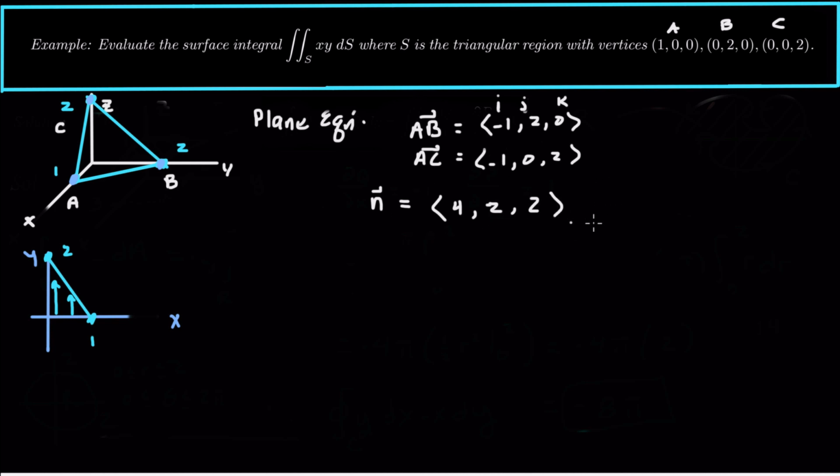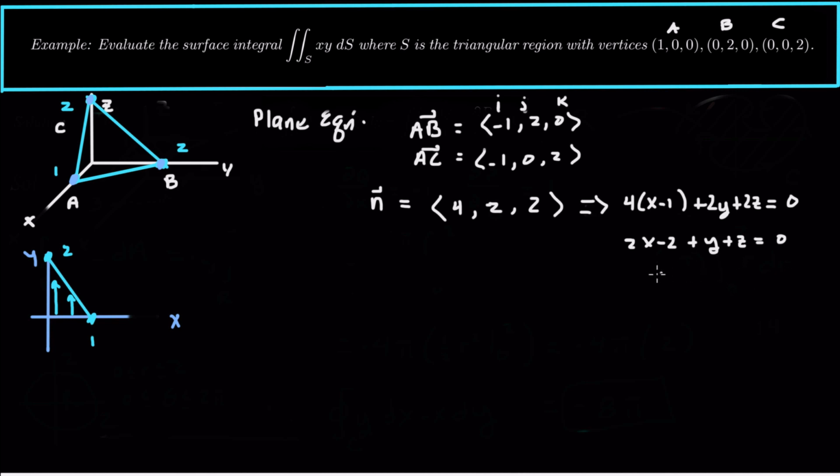So there's my normal vector, and then the plane equation is going to be 4 times (x minus 1), I'll just pick the first point, plus 2 times y plus 2 times z equals 0, which is really just 2x minus 2 plus y plus z equals 0.